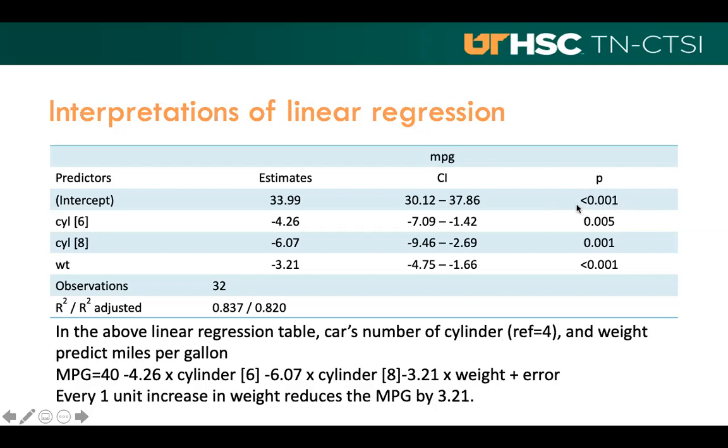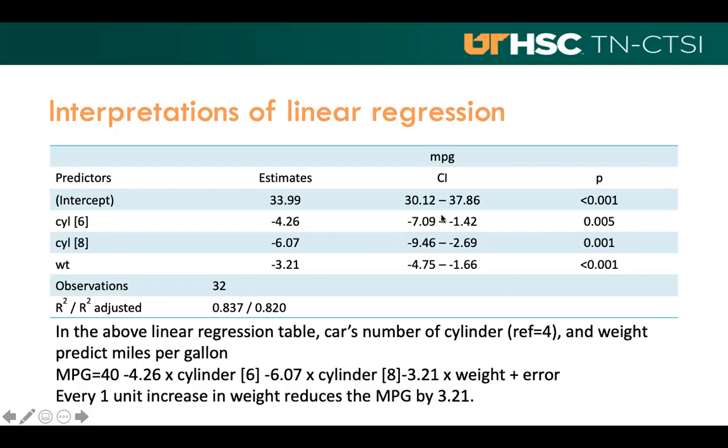is below 0.05. And for those with 6 cylinders compared to those with 4 cylinders, the beta coefficient is negative 4.26, which means if we instead have 6 cylinders, the miles per gallon will be reduced by 4.26.